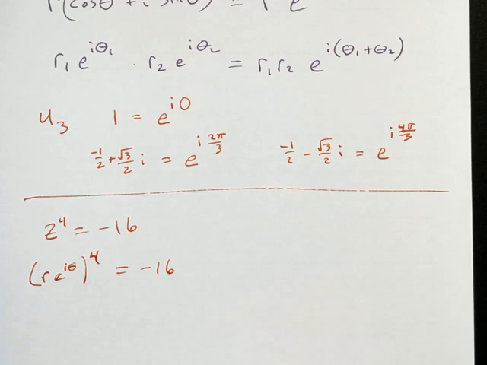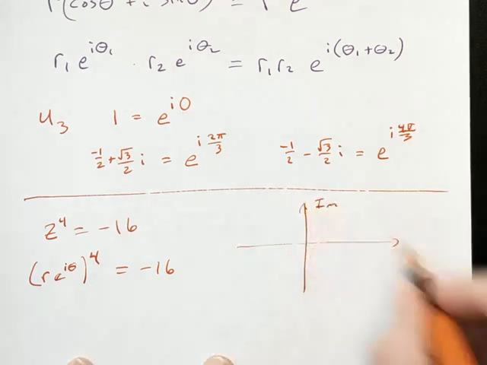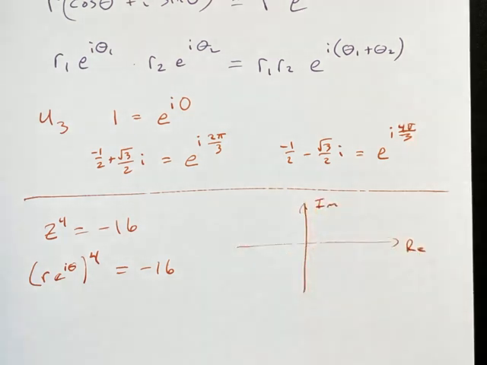But now I'm going to ask you to do the same thing on the right. What is the polar version of negative 16? Remember, every number in the complex numbers has a version that can be graphed on that complex plane. Where's negative 16? Way over here.